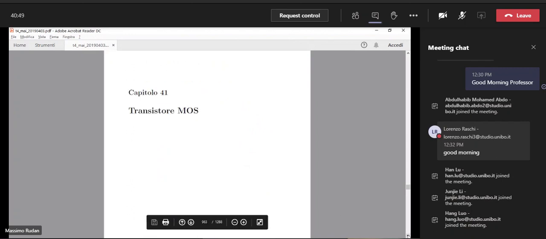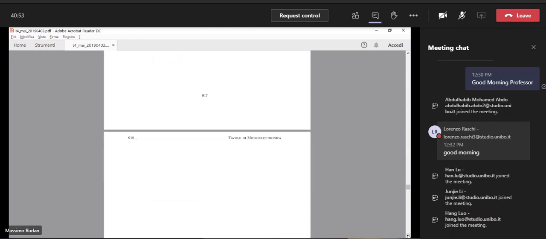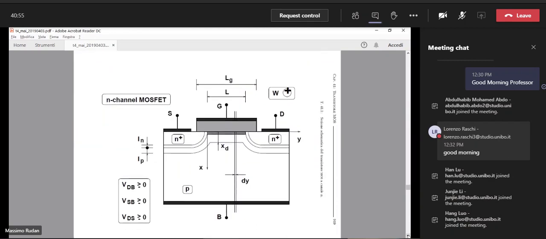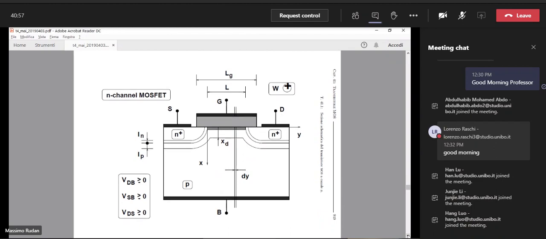So at this point, we have enough information to start considering the MOS transistor. The MOS transistor, as you know very well, is the most important device at present in the integrated circuit technology.